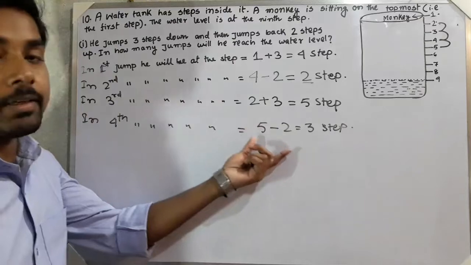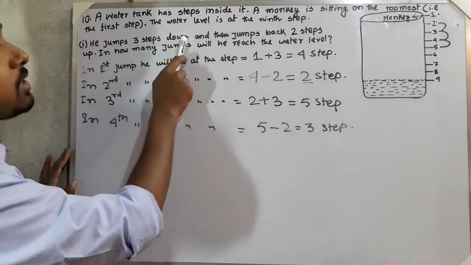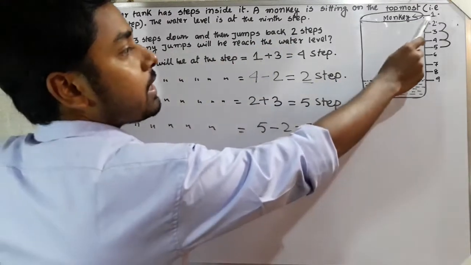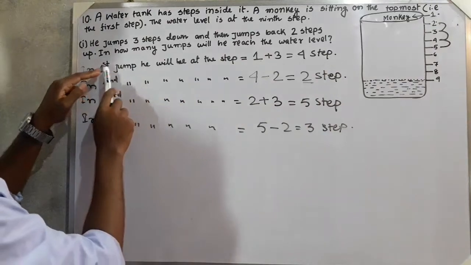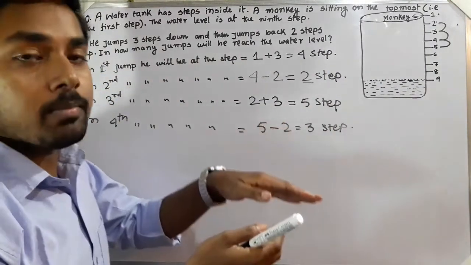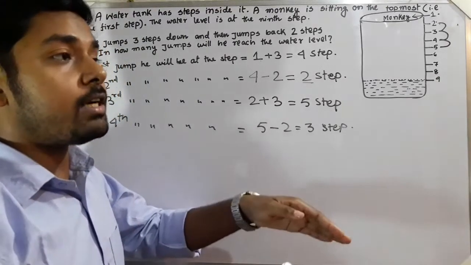Are you getting this? Try to understand. He jumps 3 steps down and 2 steps back. At the first position, the monkey is at the first step. Firstly he will jump 3 steps and then 2 steps back.